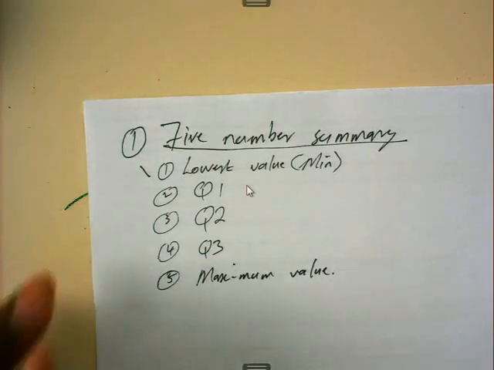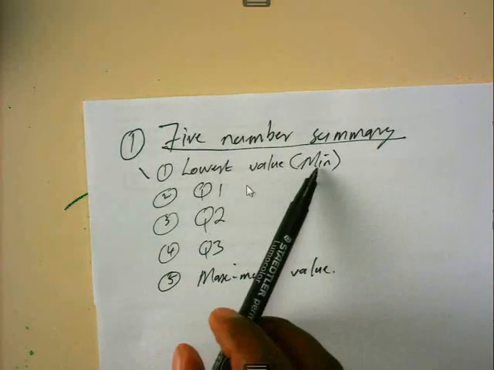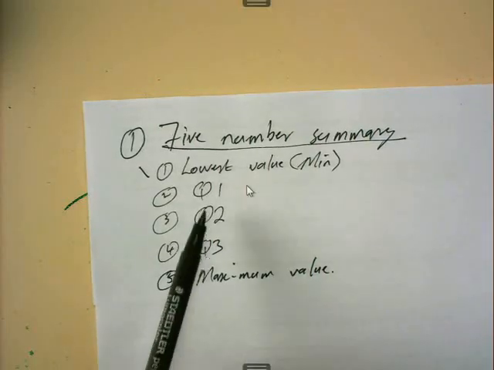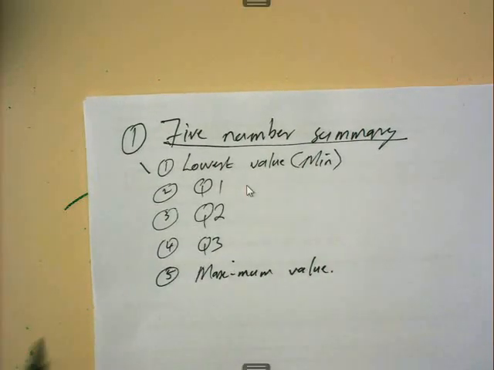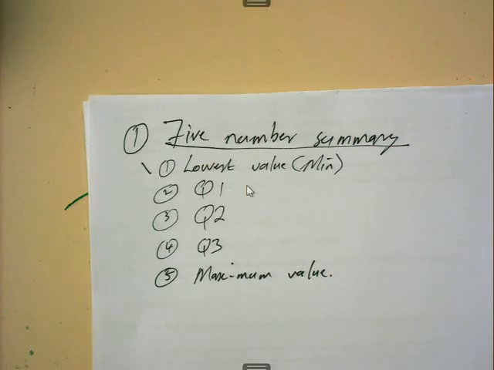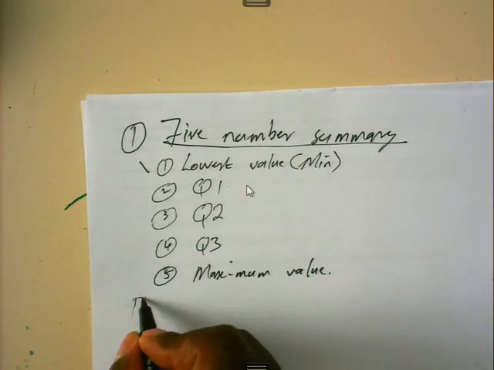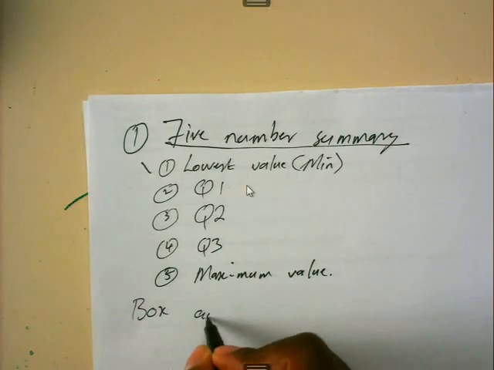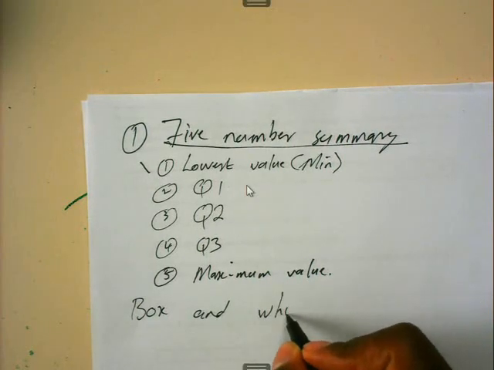That is the maximum value. These numbers, the minimum value, maximum value, Q1, Q2, and Q3, constitute what we call the 5-number summary. And this 5-number summary will enable us to draw what we call a box and whisker diagram.